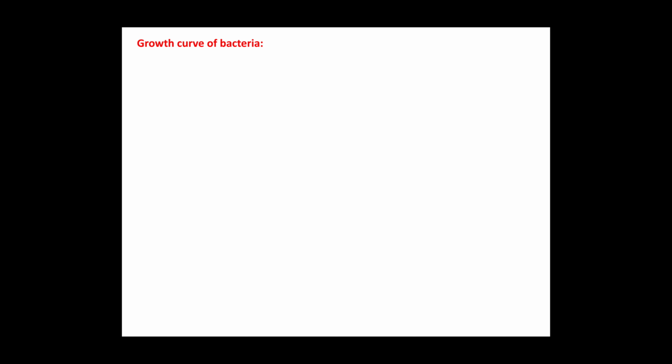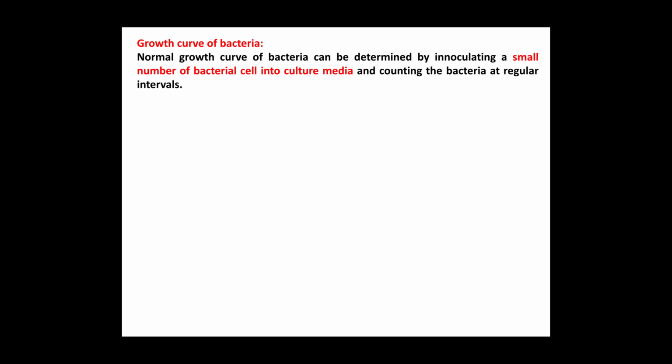Now, the growth curve of bacteria. The normal growth curve of bacteria can be determined by inoculating a small number of bacterial cells into the culture media and counting the bacteria at regular intervals. Once the growth starts, we have to count the viable cells of bacteria at fixed intervals of time.